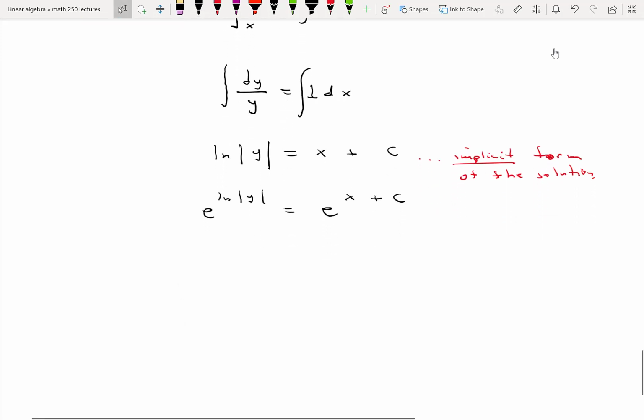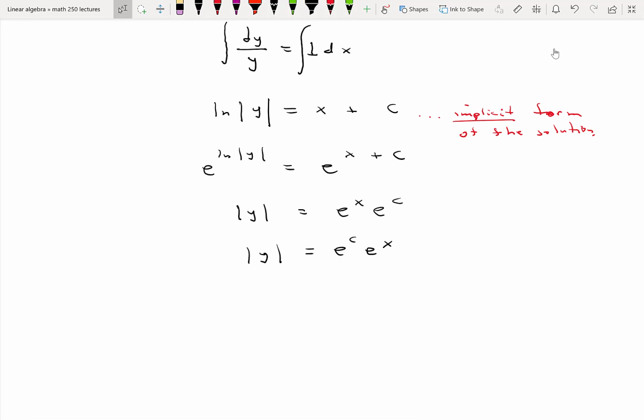Exponential and logarithm functions are inverses of one another, so they cancel each other out when you compose them together. And e to the x plus c is the same thing as e to the x times e to the c, properties of exponents. So I'm going to write this with the e to the c first: e to the c, e to the x.